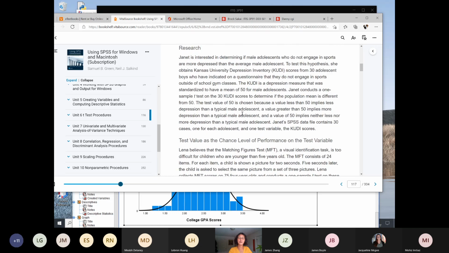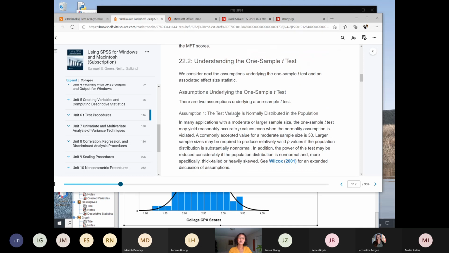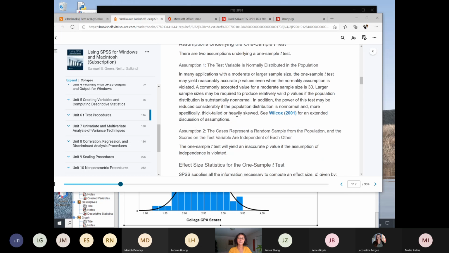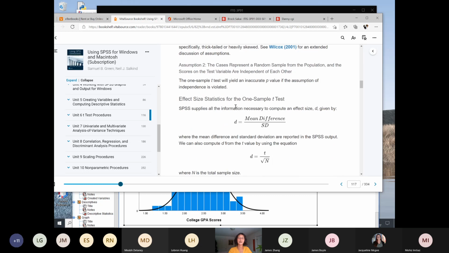For this one sample t-test, we usually assume the test variable is normally distributed. And we also assume the variables are random variables. There is an important concept called effect size statistics.